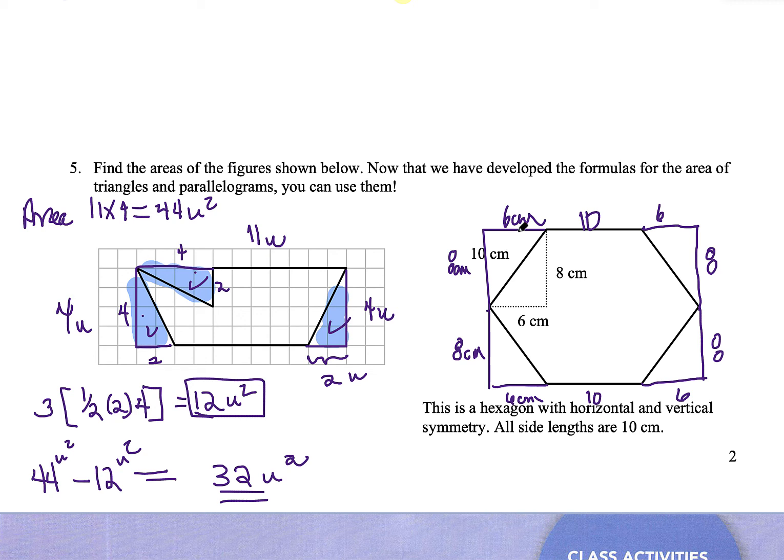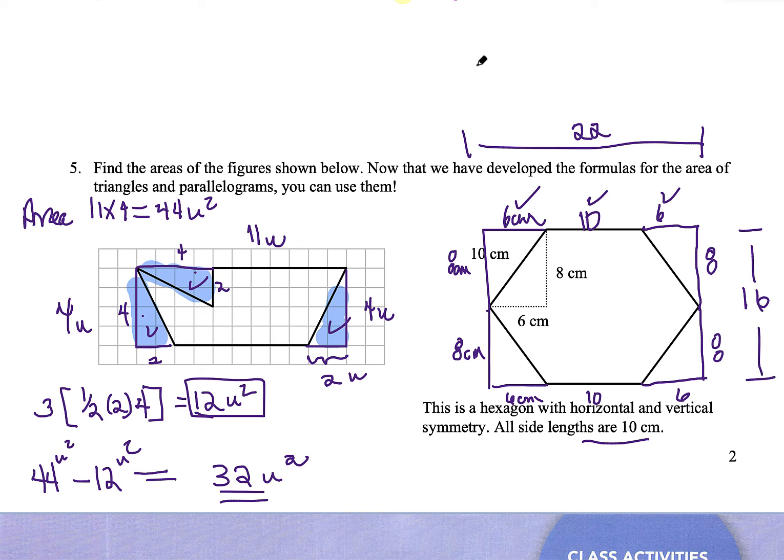We can now find the area of this rectangle. So we've got 6 centimeters, 6 centimeters, that's 12 plus 10. Remember it said all side lengths are 10. So we know it's 22 long and 16 wide.